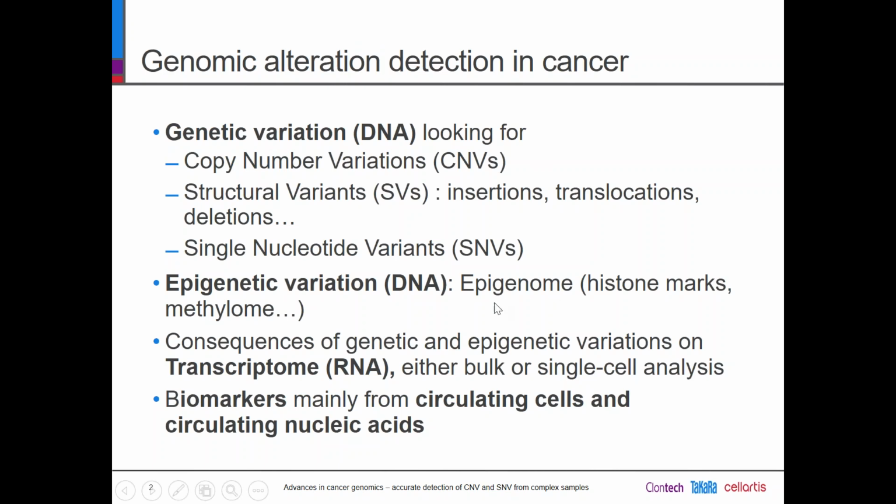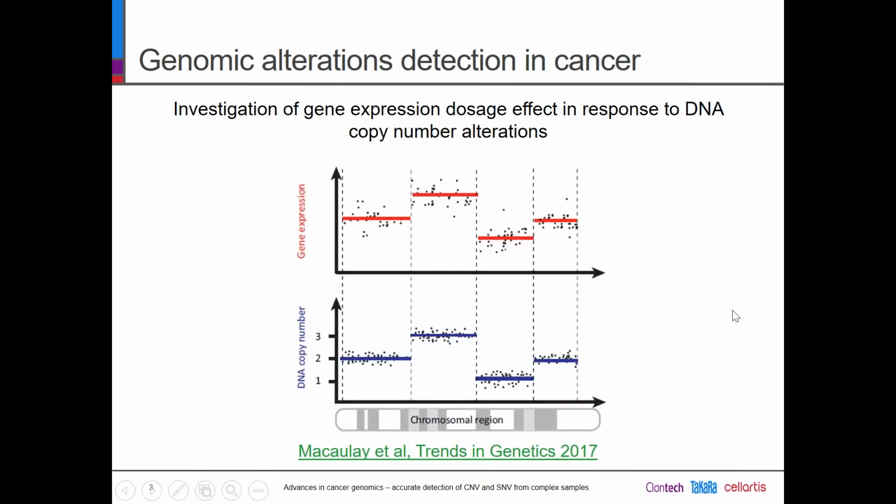You can have, of course, a multi-omic approach, putting all these layers together, which ultimately leads, hopefully, to search for biomarkers, monitoring of disease and therapy, and nowadays mainly focusing on circulating cells, circulating tumor cells, and circulating nucleic acids.